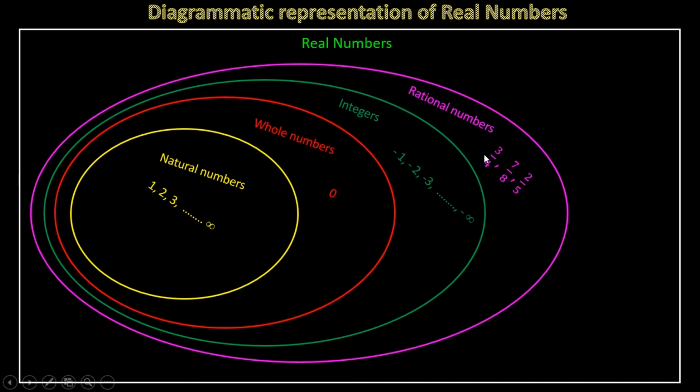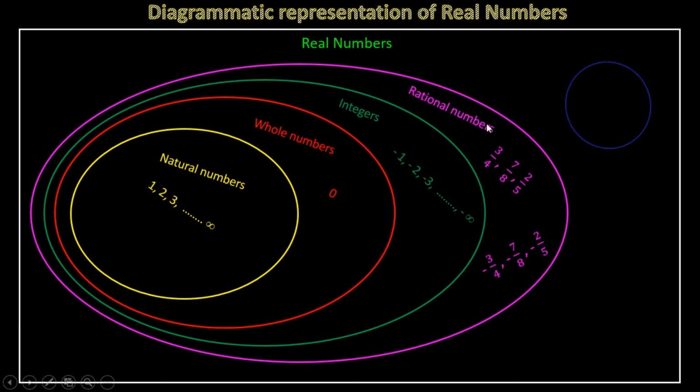So 3 by 4 is a fraction and we can change it into a decimal. Rational numbers include positive and negative decimals. We have already discussed the rational numbers. Rational numbers also include natural numbers, whole numbers and integers, which are subsets of rational numbers.